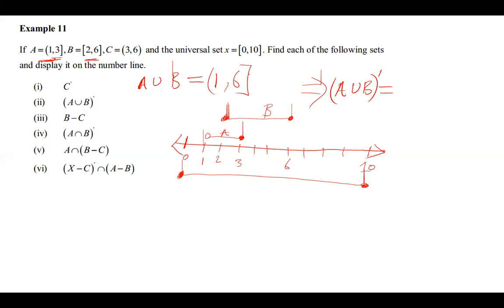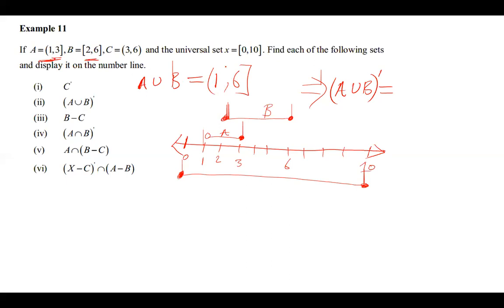In short, if you want to solve these intervals without having challenges, you should be using number lines. I advise that. If you want, you can draw them on a separate paper, it's still fine. And for the complement of this set, we found 1,6 as our A union B.